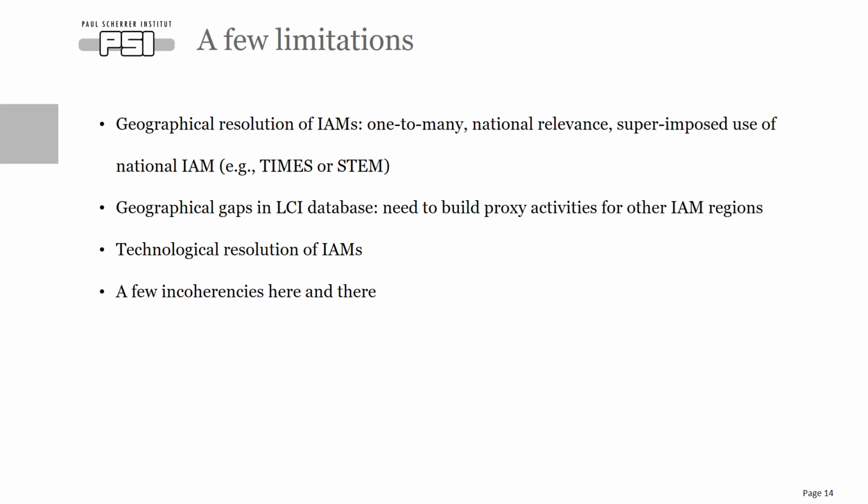But on the other end, in our ecoinvent database, we often have inventories defined with a national scope, for example, France, Germany, Switzerland. So, of course, it is very rare to find a one-to-one correspondence, and we often have to deal with one-to-many correspondences in terms of geographical regions. So we have to deal with that. We need to make averages, we need to weight the importance of certain production volumes by any means.